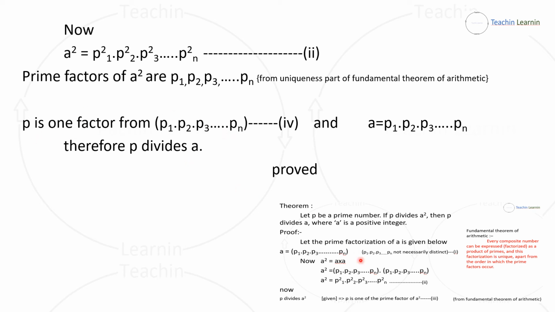P is one of the prime factors of A square. So P is one factor of A square, and A square is this.